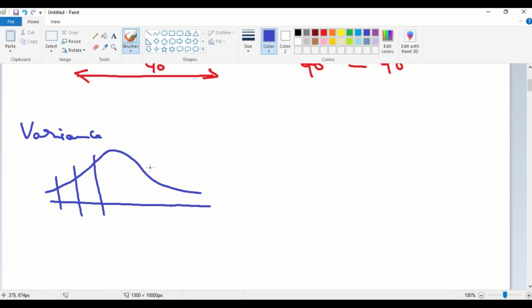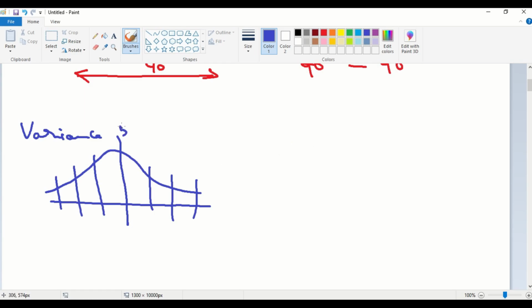We take some data points in this. So 1, 2, 3 and then 1, 2, 3. This center data is the mean. Now from this mean, how much these data points are distributed? That is the variance. To tell in simple words, finding the distribution is the variance.